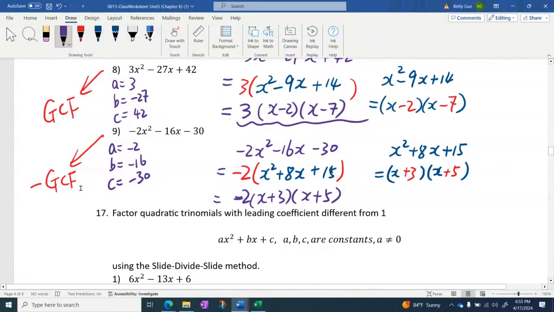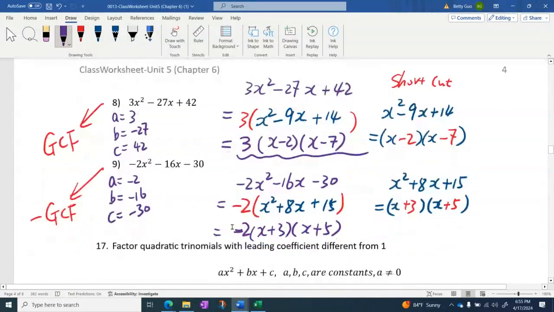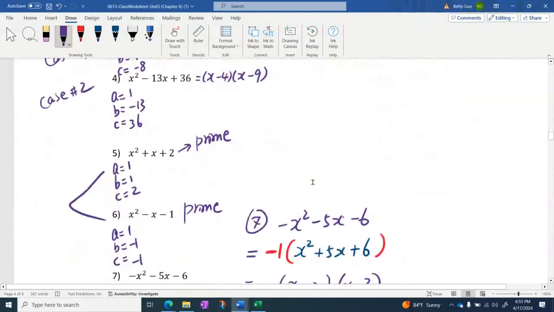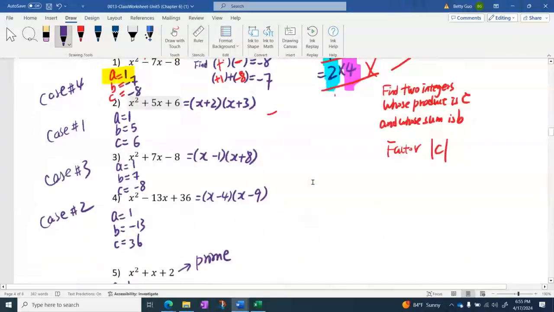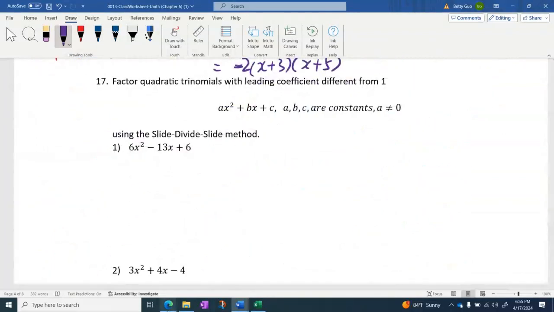Then you just factor the negative GCF out. Double check after you factor the GCF or negative GCF out. Double check by using the distributive property. Okay, and then you apply the shortcut method. I would recommend that you look at those questions more times because they are very good questions.